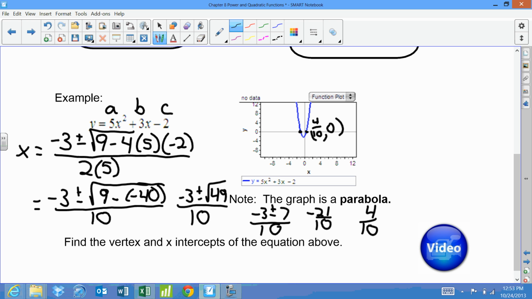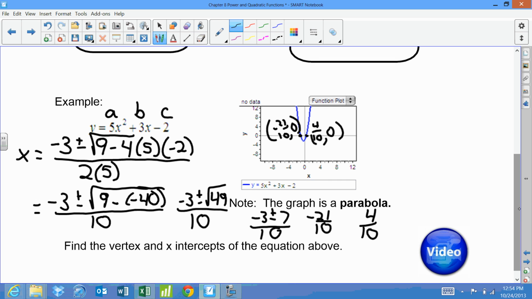Again, kind of hard to tell, but that point will cross over at the other intercept, comma 0. Those are our x-intercepts.